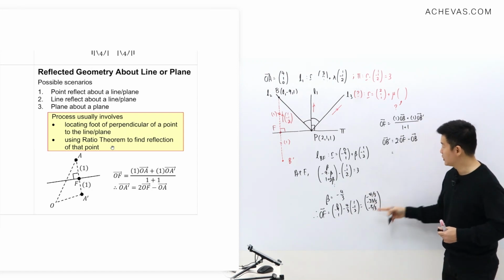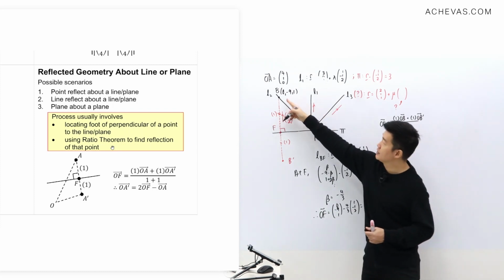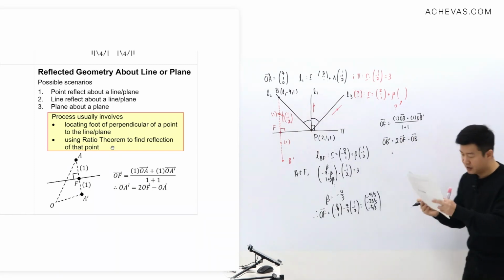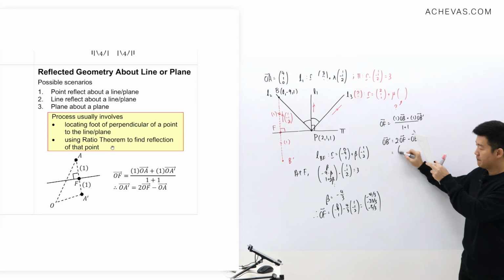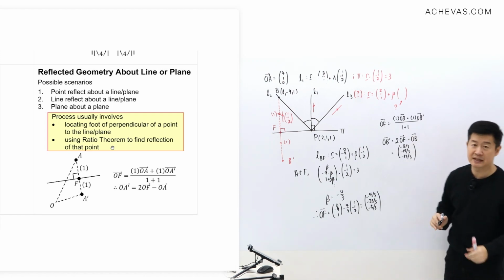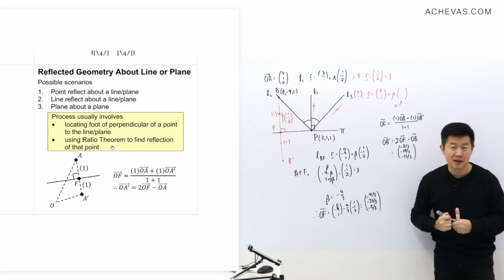So it's going to be 2 times this minus OB, which is (0, -9, 1). This will give me (-8/3, -19/3, -13/3). OB prime is this.